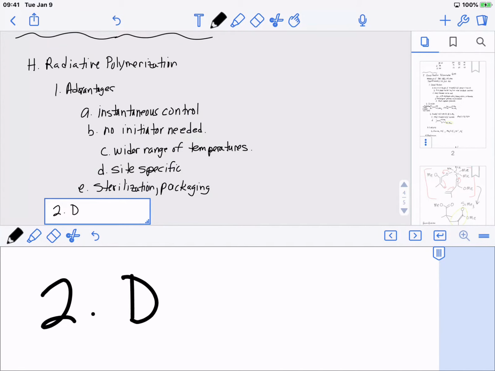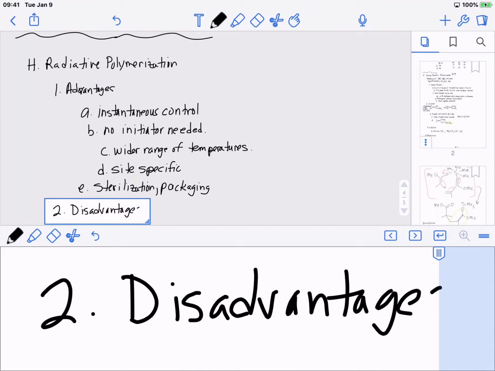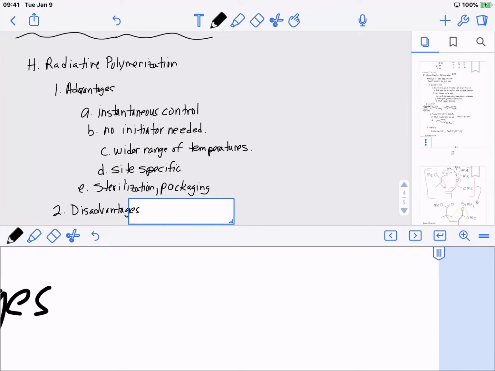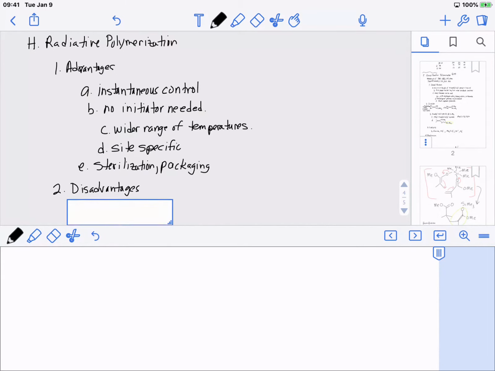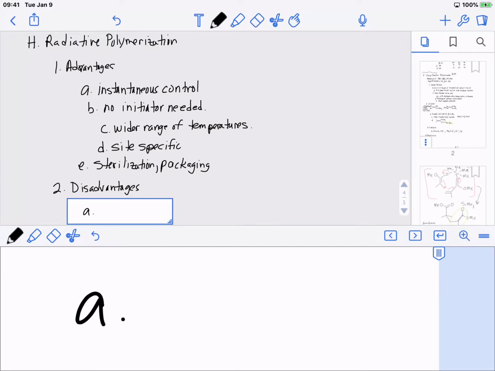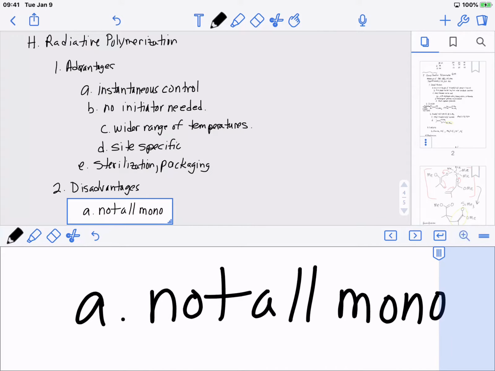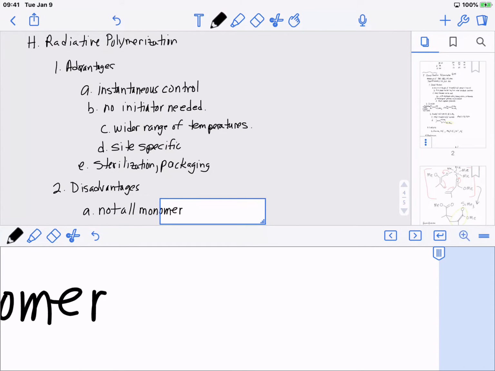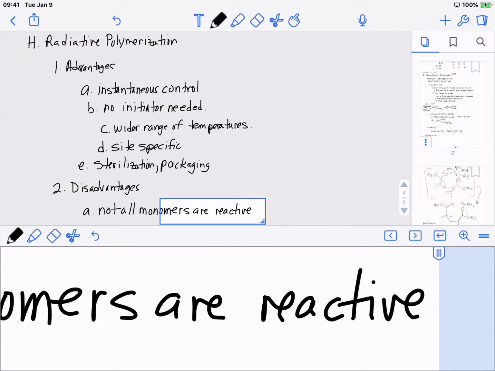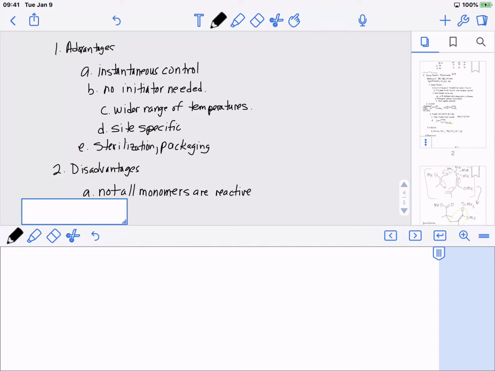There are some disadvantages. Not all monomers are reactive. So sometimes you actually could use an initiator or some kind of sensitizer.